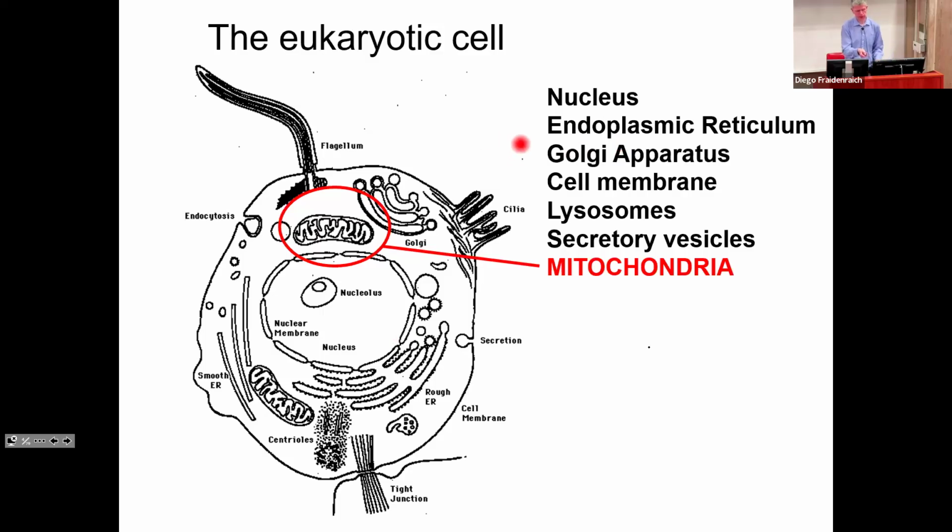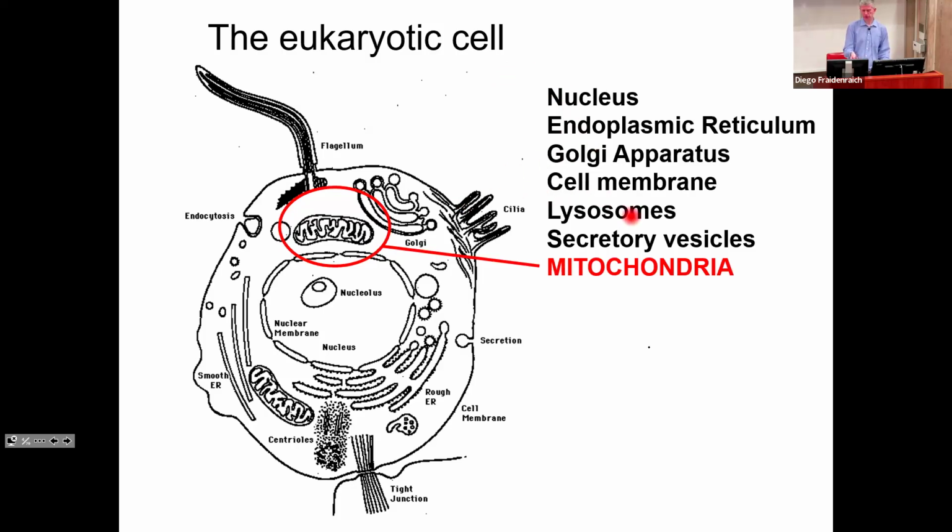That's another organelle. We will hear about the secretion pathway and the endoplasmic reticulum. Also the Golgi apparatus is part of the secretion pathway, when proteins move from the endoplasmic reticulum to the plasma membrane.